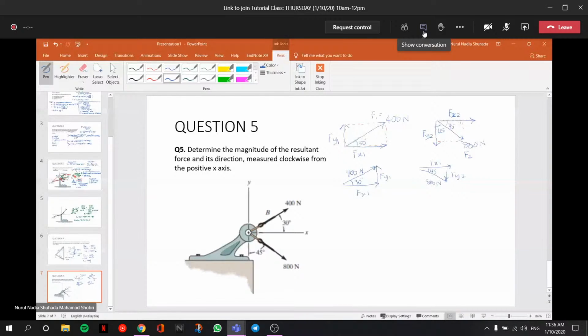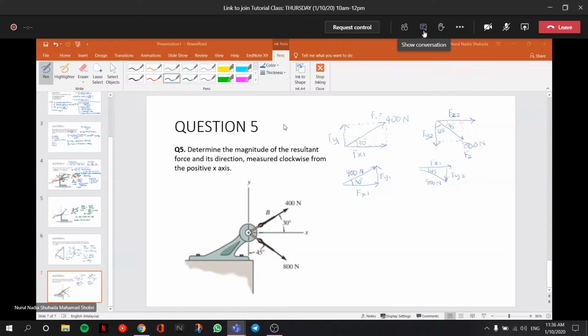Okay, if you guys are working on the question, keep going. In the meantime, we will discuss this question together. For question number 5, we use a different method from the other questions because sometimes we don't have enough information. The information given in the question is not enough to use the triangle rule or parallelogram rule.